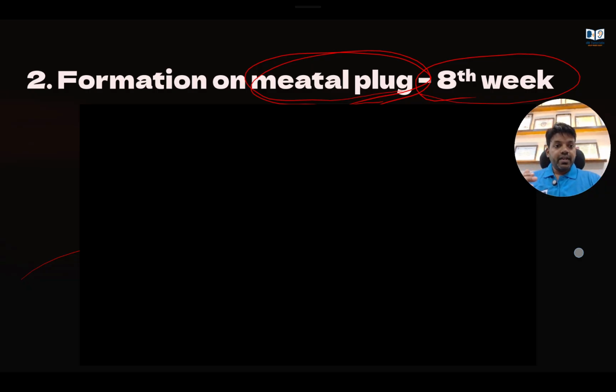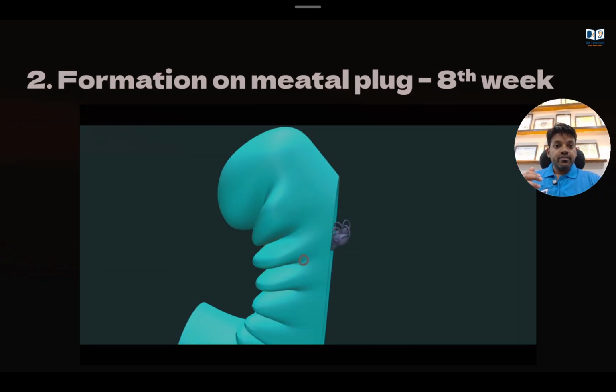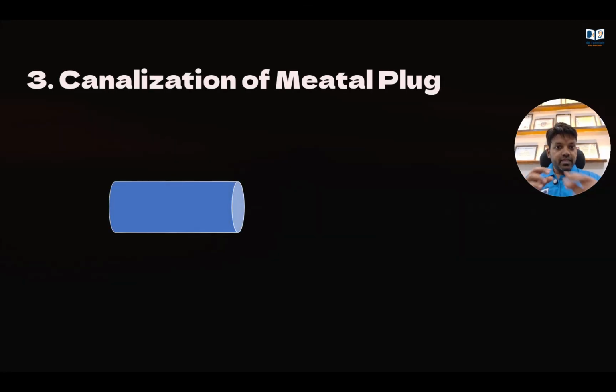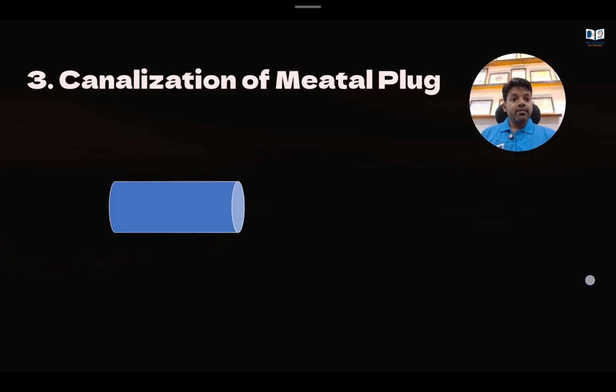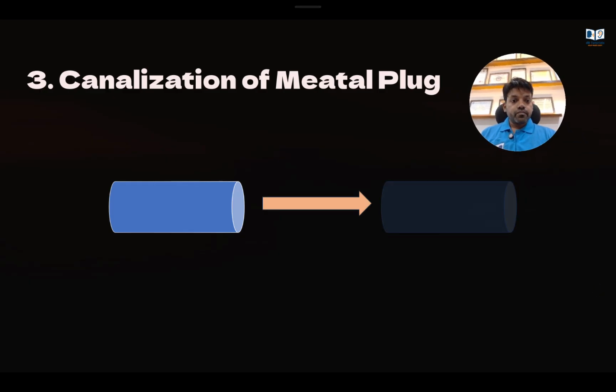Now in the second stage, this meatal plug, which is actually thick and already filled, mostly by bony tissue, undergoes canalization. What is canalization? There will be an empty, hollowing part where right now the whole thing is filled.